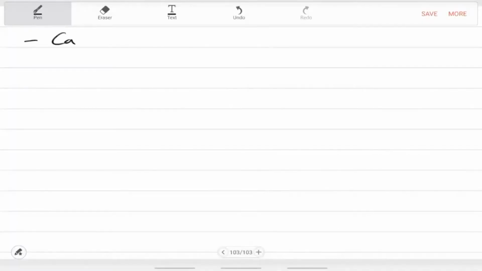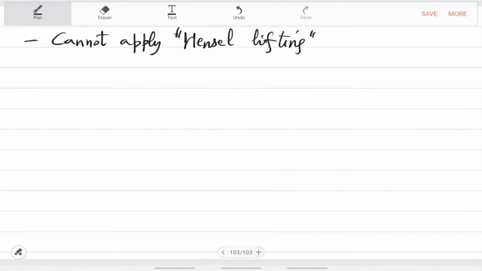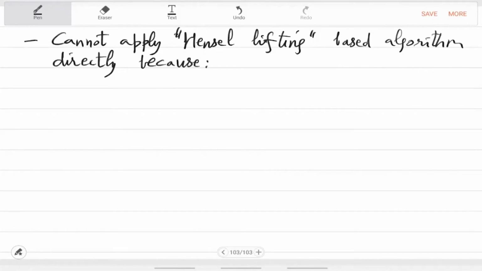So you have to actually work directly with these black boxes. So we cannot apply Hensel-Lifting as seen before directly, because it requires dense representation.